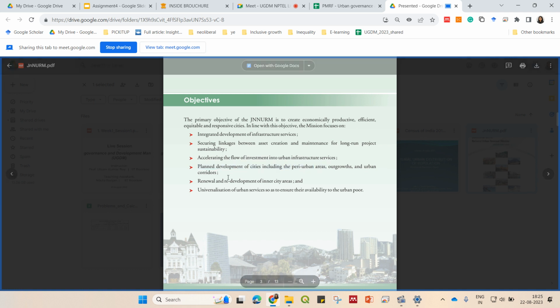You might know that a lot of the cities in India made their first urban development document, their master plan or city development plan, as a part of this JNNURM program.